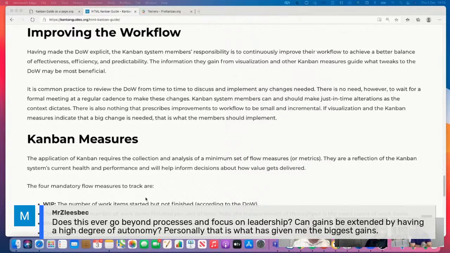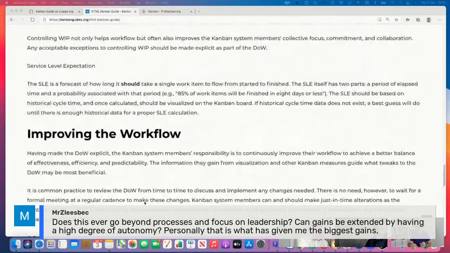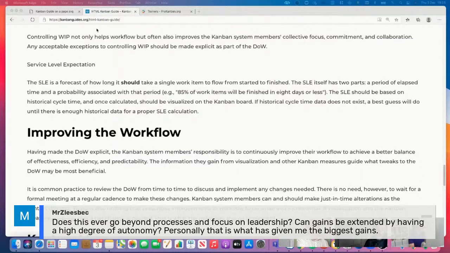Go ahead, Andy. Yeah, so it's one of the things I think gets forgotten, the policy side. It's quite easy to set up your work and manage it, but the whole concept of defining how work goes goes back to that active management of work in progress, and those policies.